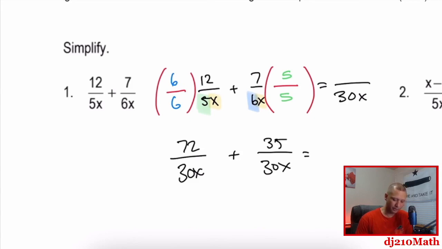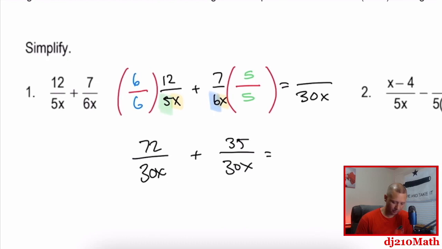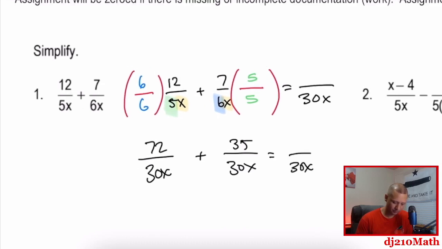All right, so then because the denominators match, this is going to be 107. 107.